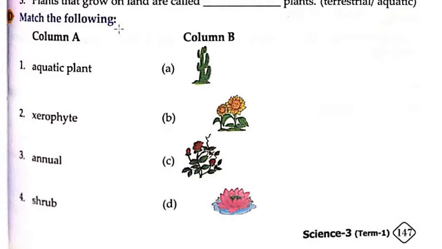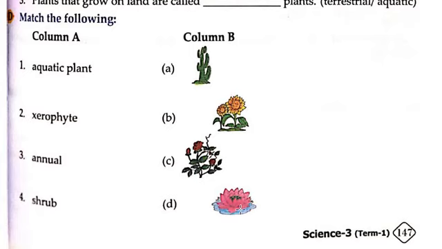Let's do this together. Match the following. We have here column A, 4 words, and column B, 4 pictures. We have to match the word with the right picture. Aquatic plant. Who can tell me? Yes, D. This is a lotus, and lotus plants are aquatic plants.